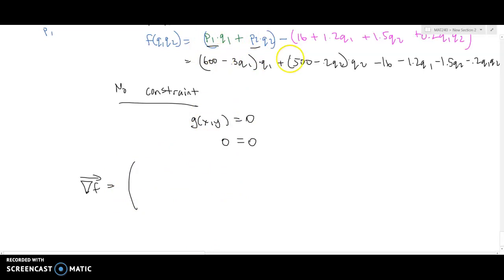So if I take the derivative of this thing with respect to Q1 here, I'll have 600 times Q1 minus 0.3 Q1 squared plus 500 Q2 minus 0.2 Q2 squared minus 16 minus 1.2 Q1 minus 1.5 Q2 minus 0.2 Q1 Q2.